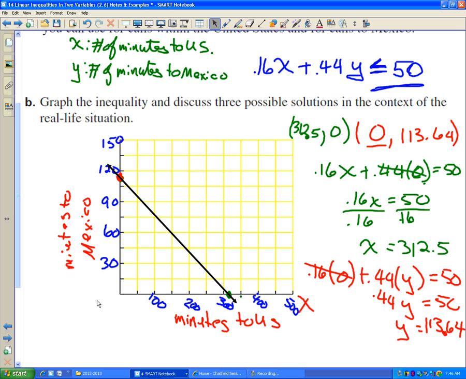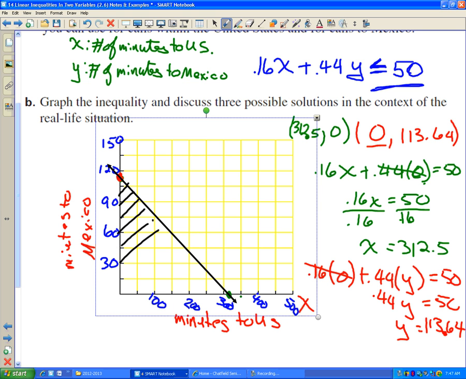Now, can I use more than this? Can I pick a point out here and have it be true? That's going to be greater than my $50. So the points that I pick need to be within this bounded region right in here. Any points in here is going to work.